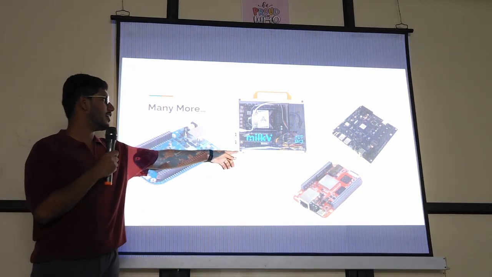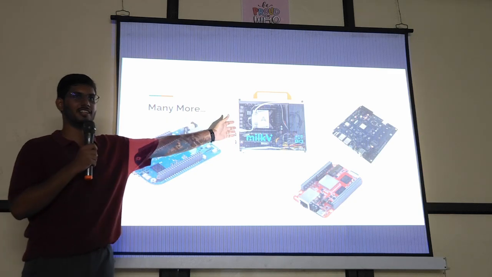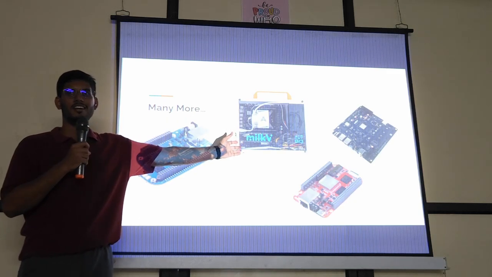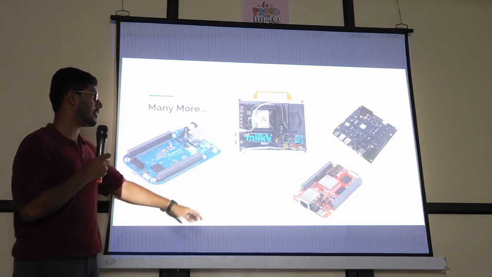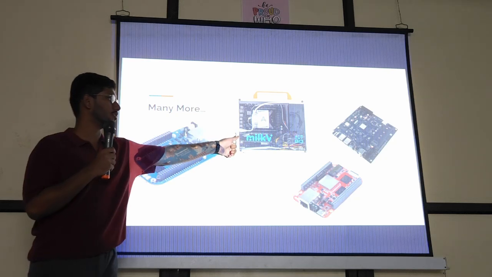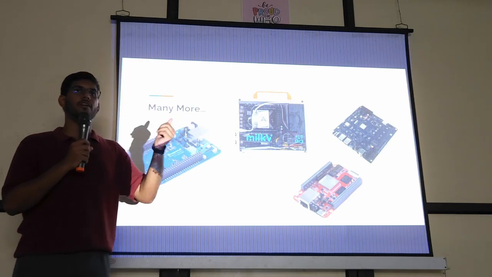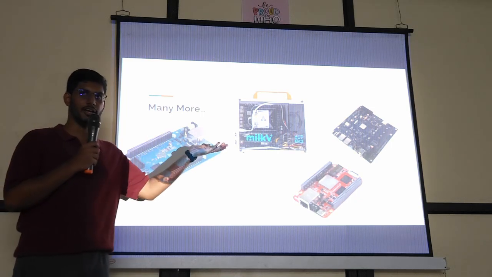Then this is a proper x86 form factor RISC-V based desktop for developers. I'm forgetting the core count for this one. It is again from Milk-V, the same vendor which produced the Milk-V Duo in the previous slide.